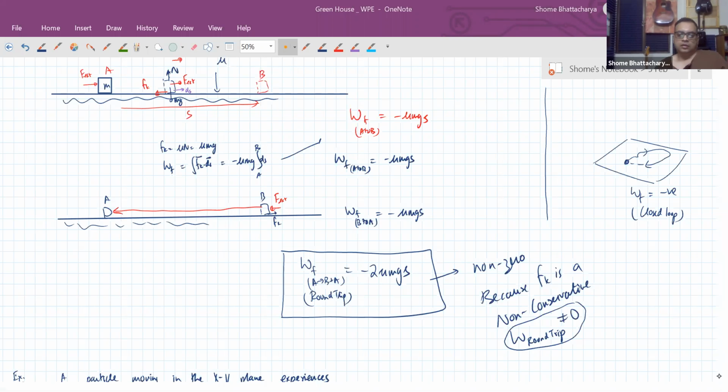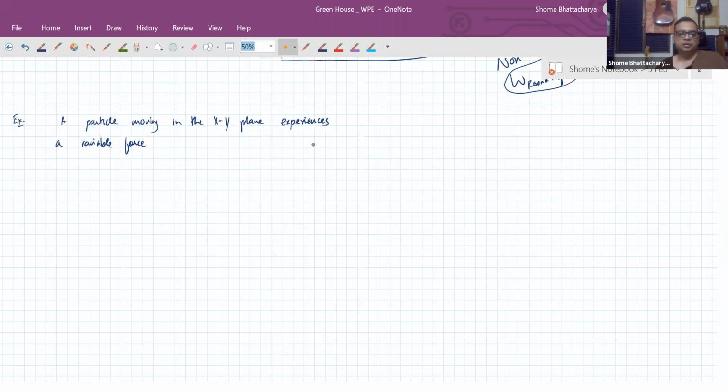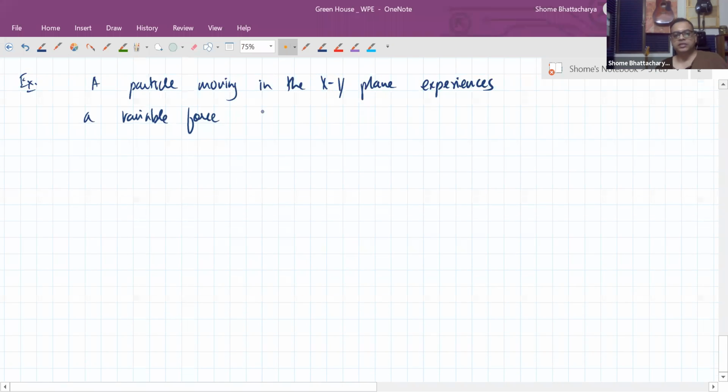Okay, so let's come back to this. This is going to be a two-dimensional example. So it experiences a variable force given by the relation F is equal to (10 plus 2x) i cap plus 2xy j cap at position x, y.